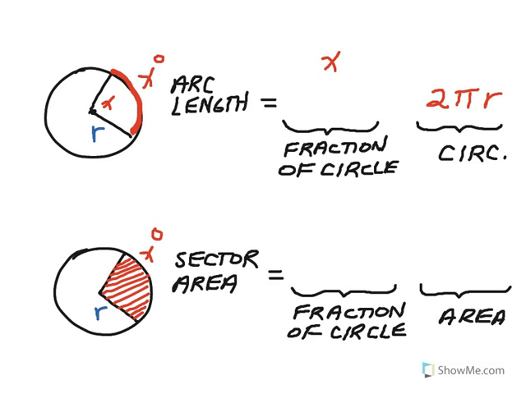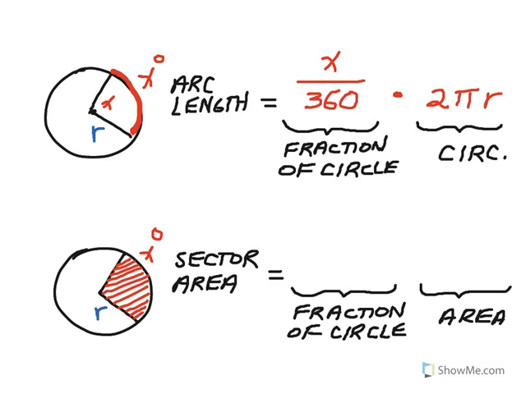Whatever number of degrees that is, if I divide that by 360, I get the portion of the circle that that arc represents. And when I multiply that by the circumference of the circle, I'm just taking a part of the circumference, and that's how I find the arc length.